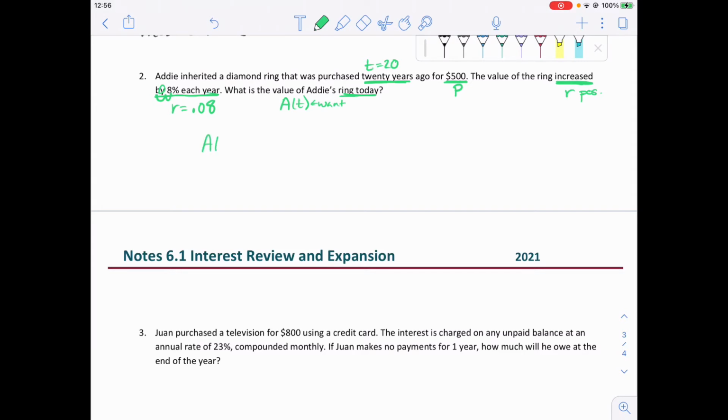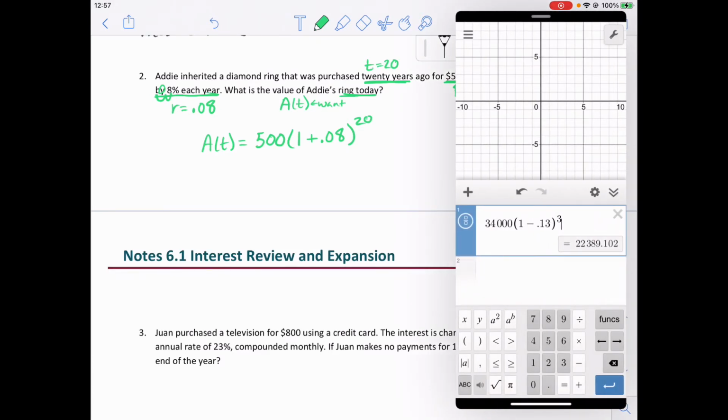So we want our A of t equals, we're going to use simple interest again because it doesn't say anything about compounding. We're going to have 500 times 1 plus, because our rate is positive, 0.08, to the 20. We could combine 1 plus 0.08 to be 1.08. That would be fine. So we've got 500 times 1.08 to the 20.